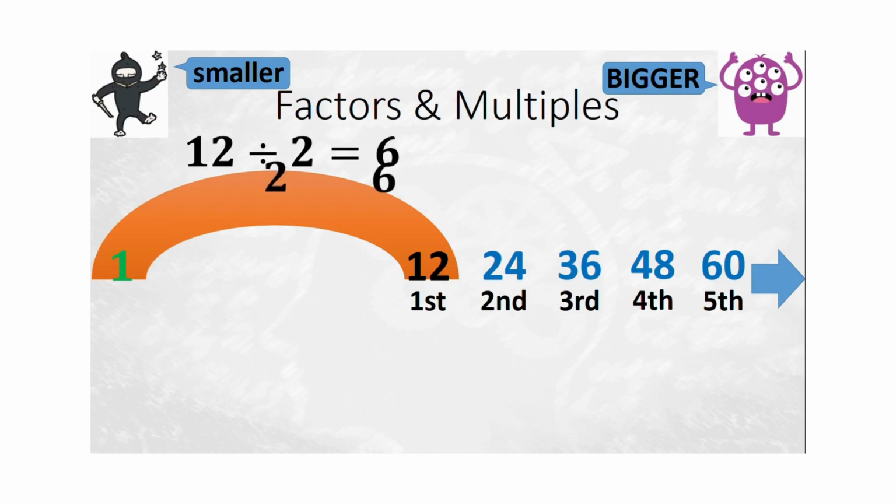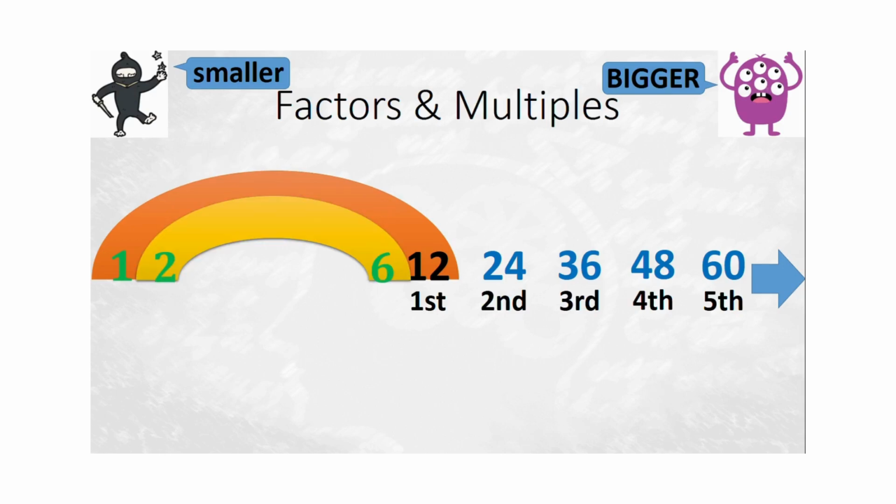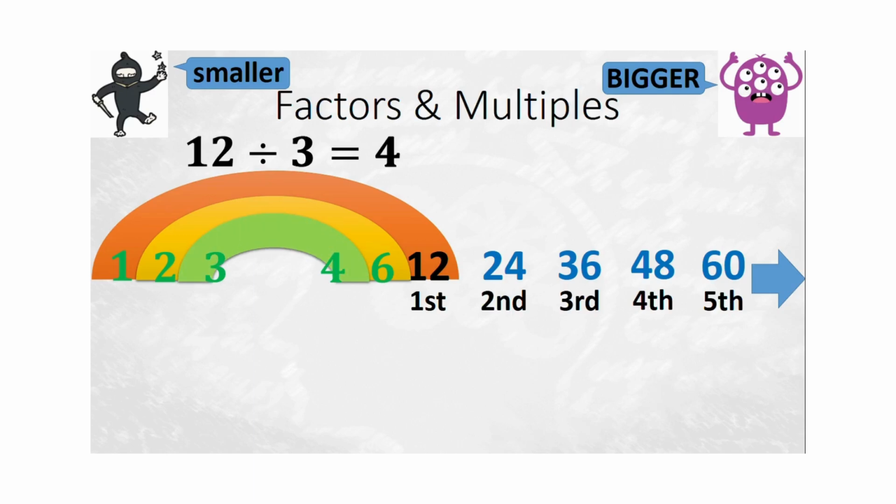So 2 and 6 are also factors. They make another factor pair that we can show in the factor rainbow. 12 divided by 3 equals 4. So 3 and 4 are another factor pair, and we can show those in the factor rainbow.